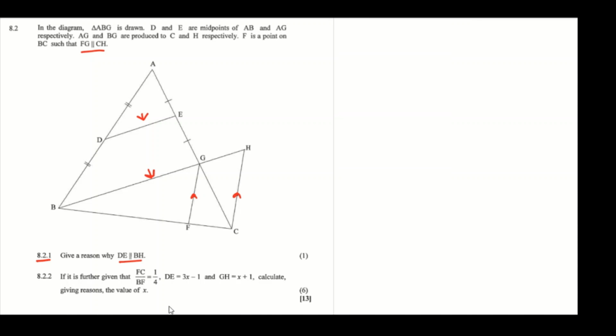So if you take a look, you see that this side here is equal to this side here, right? I mean, because of these two lines, they are equal. And this side here is equal to this side here, right? So there's a theorem called midpoint theorem, which you did in grade 11. So that's basically the reason, midpoint theorem.